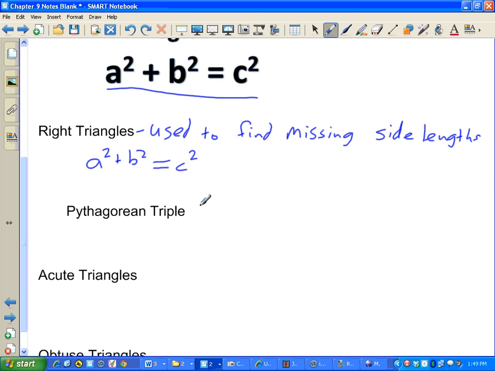Now, a Pythagorean triple, this is some vocab that you're going to see. A Pythagorean triple is a set of three whole numbers that work in the Pythagorean theorem. Okay, so three whole numbers, so no decimals, no square roots, nothing like that, that satisfy the Pythagorean theorem.